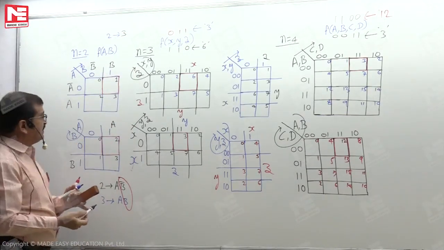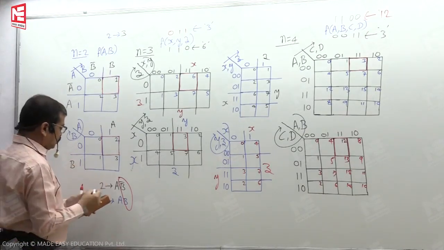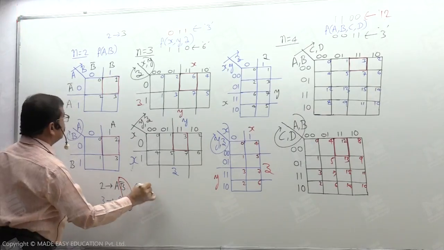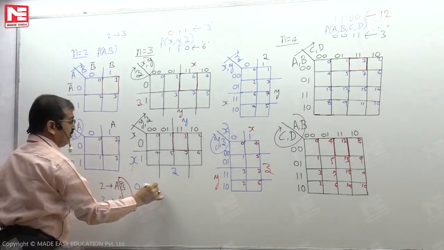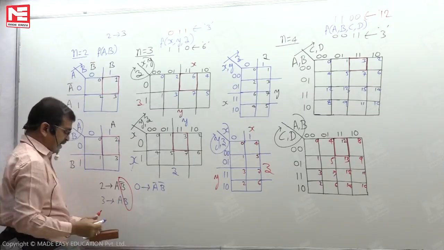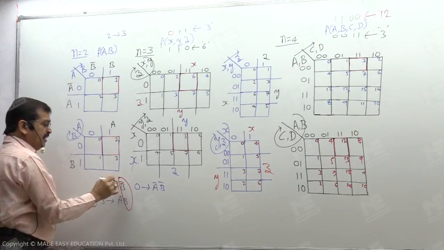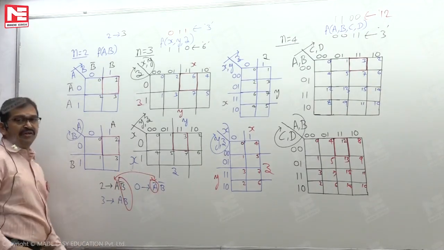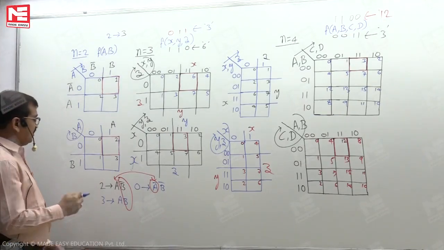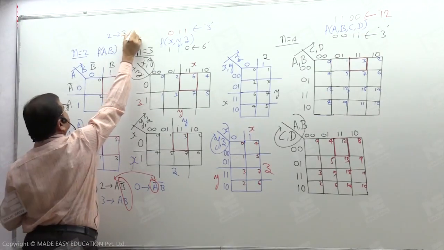Similarly, if you write the product for cell 0, it is A complement, B complement. These two cell products are common in variable B but differ in variable A. They also differ in only one variable. Based on this, cell 0 is also an adjacent cell to cell 2.